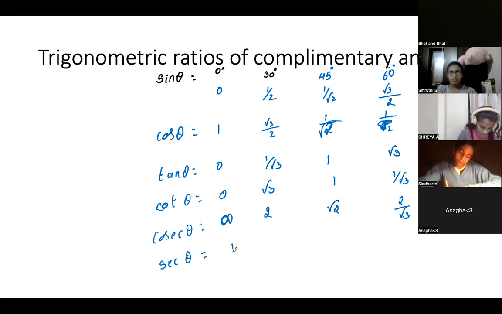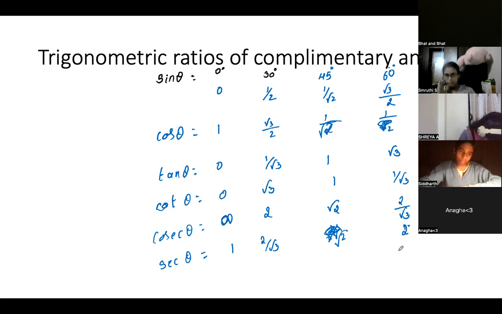So you can write like this: 1, 2 by root 3, root 2. Correct? Only root 2. And then comes 2, and infinity.